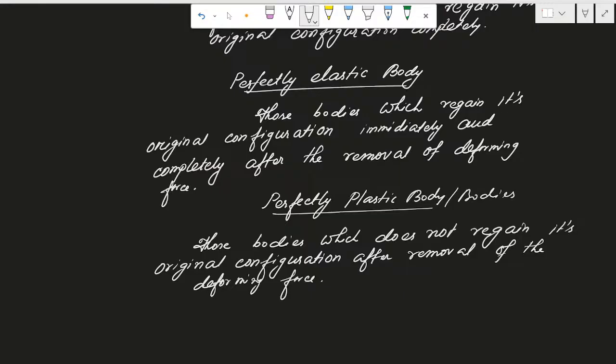A perfectly elastic body is actually, we can say, up to a certain limit it can show perfect elasticity, but it depends on the type of material. Like steel is actually elastic. If you think about something like rubber, rubber is not elastic, correct?